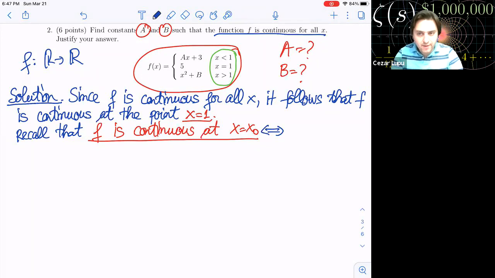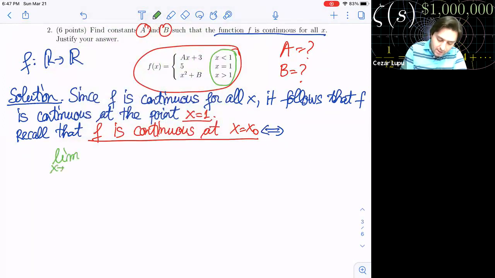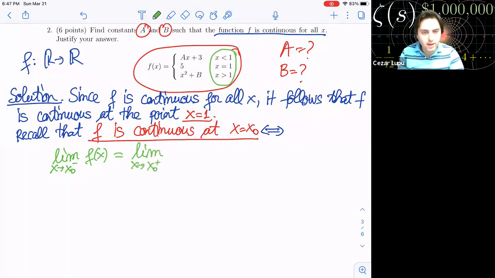You remember? The left-hand limit, the right-hand limit, and the value at that point, all three of them must agree. In other words, we have that the limit as x approaches x naught from the left, with values of x less than x naught, is the same as the limit as x approaches x naught from the right, the right-hand limit of f of x, for values of x greater than x naught.